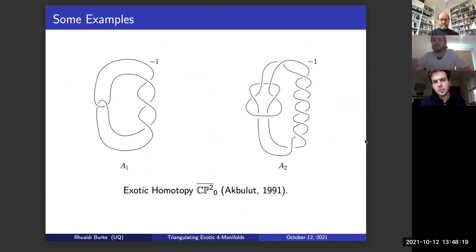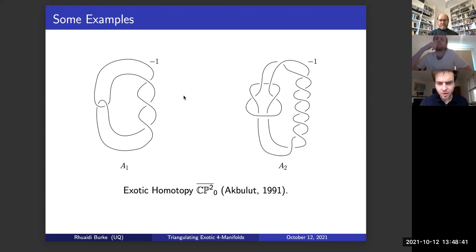If you've just got knots, the intersection matrix is literally just the framing on the knot. So you can see straight away that you've got isomorphic forms, and by a result of Freedman, that says they're homeomorphic.